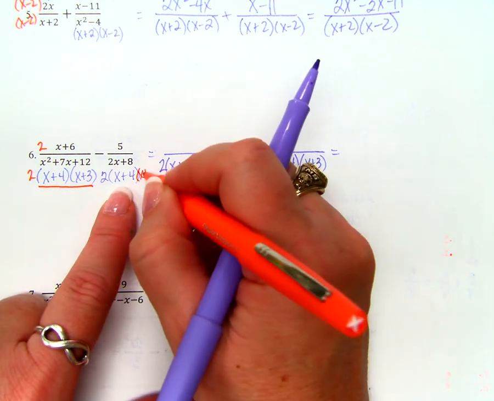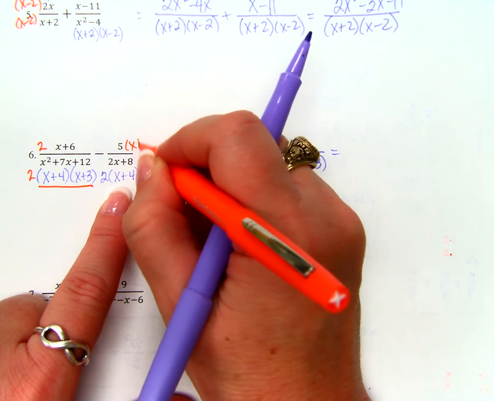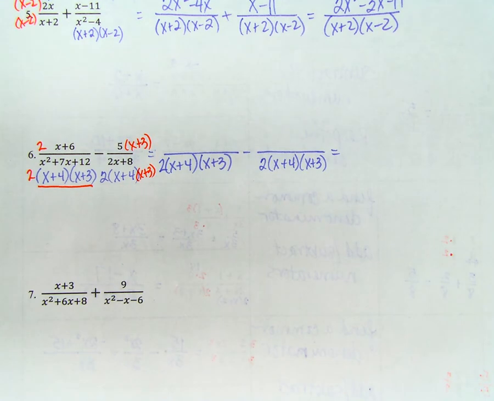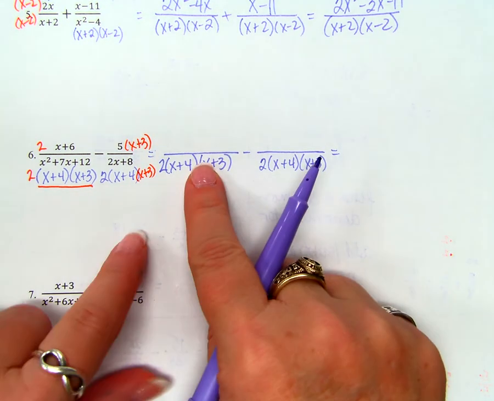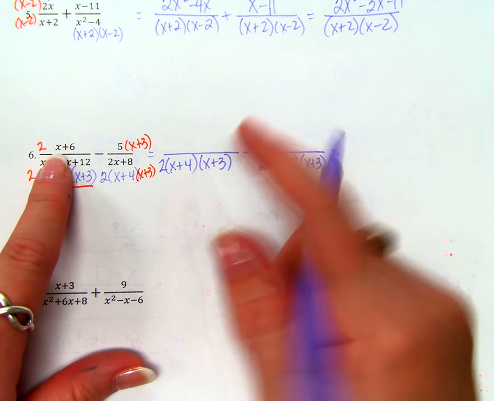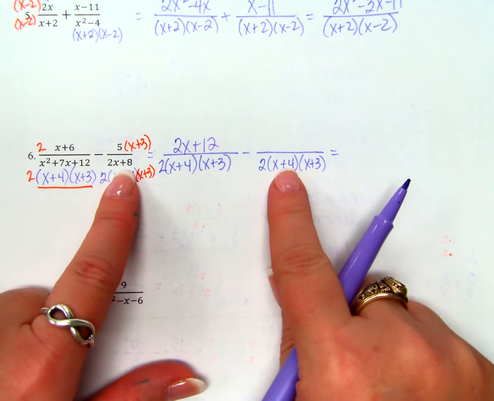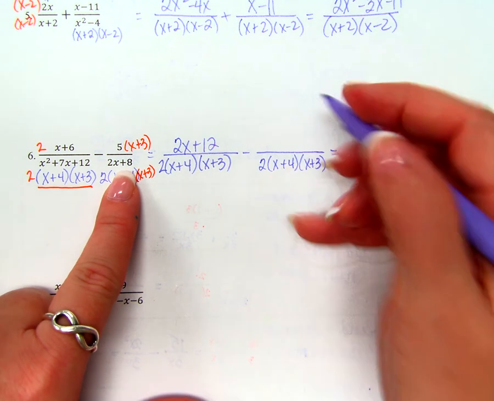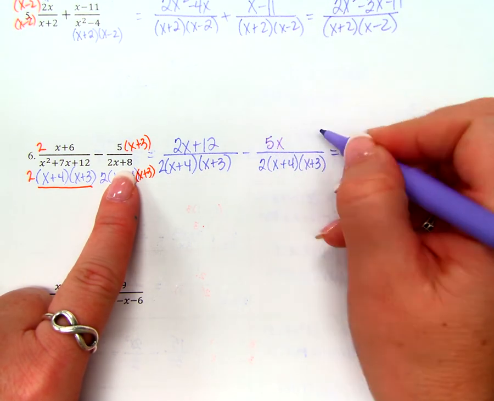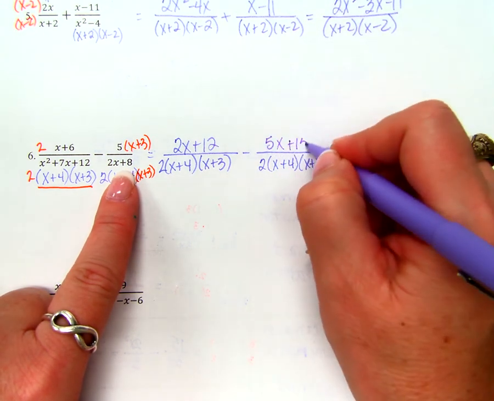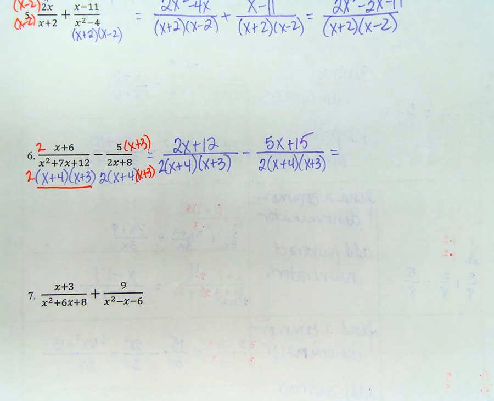An x plus 3. So my first numerator then is what? 2x plus 12. And what's my second numerator? 5x plus 15. Right?